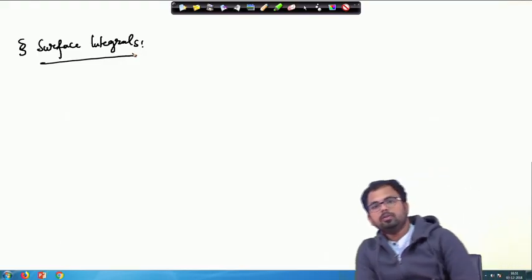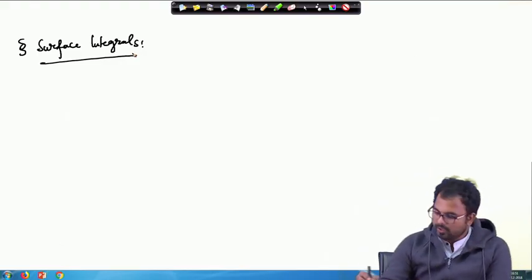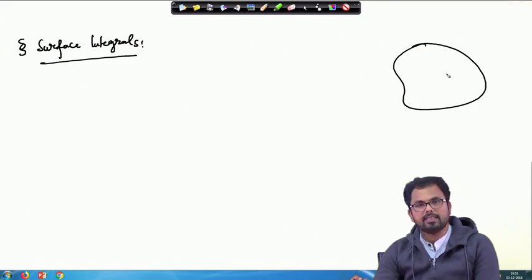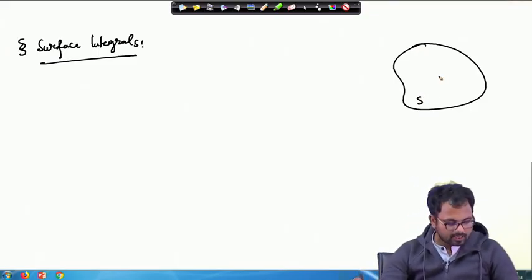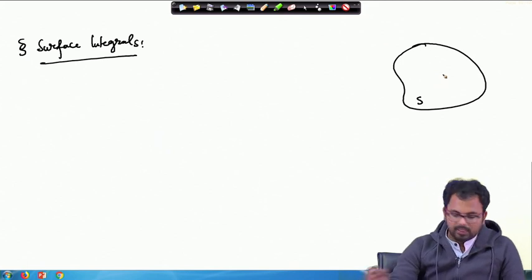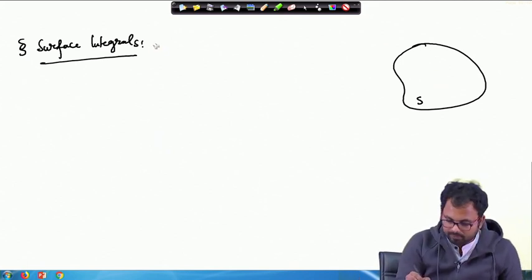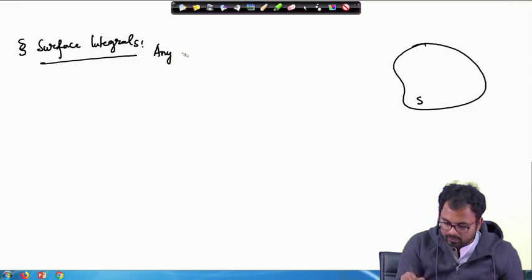So what do we mean by surface integral? Let us assume that this is our surface S in 3-dimensional space. It is like the line integral definition.